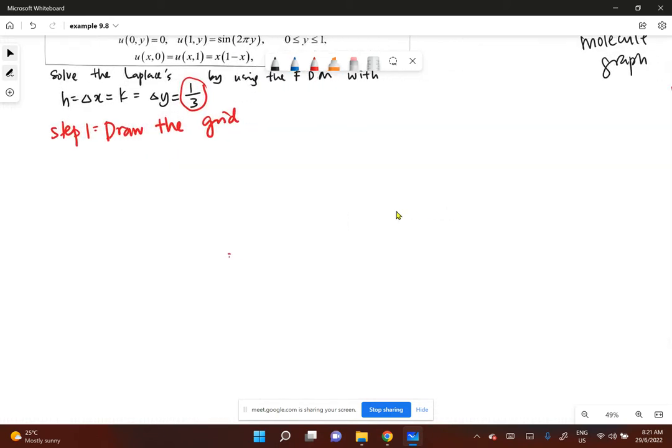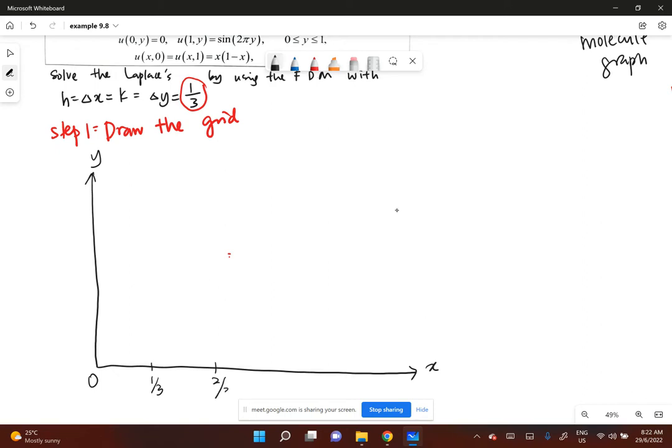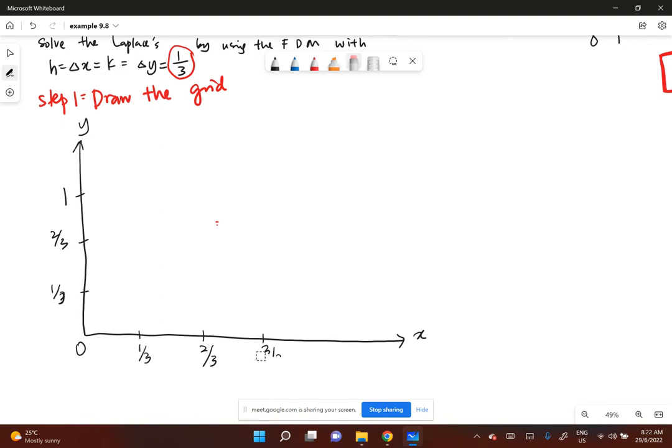So I will draw this one. This is y, this is x. Let's say this one is 0, this one 1 over 3, 2 over 3, 3 over 3. The y axis is the same: 1 over 3, 2 over 3, 3 over 3, or I just write 1. This one is 1, this one is 1.